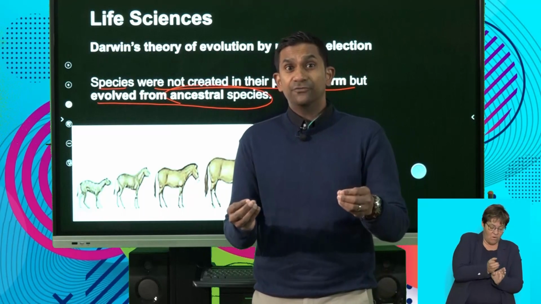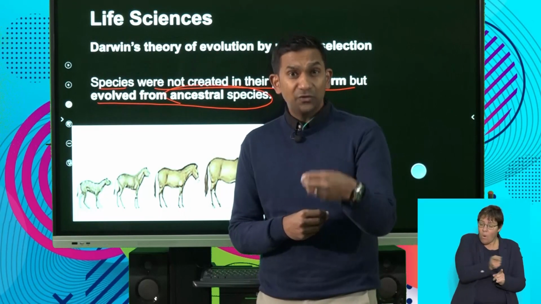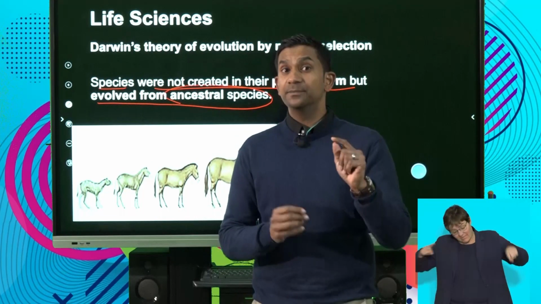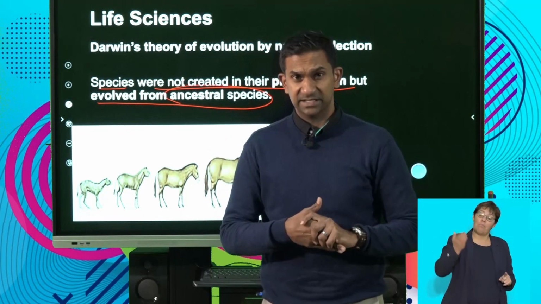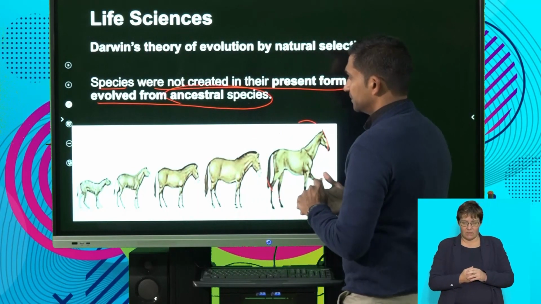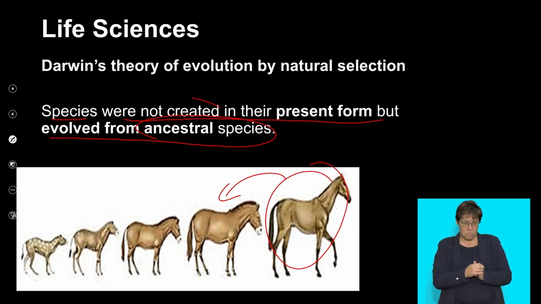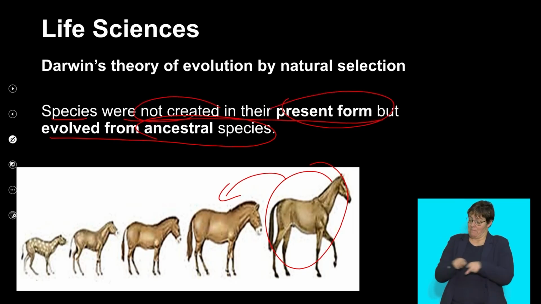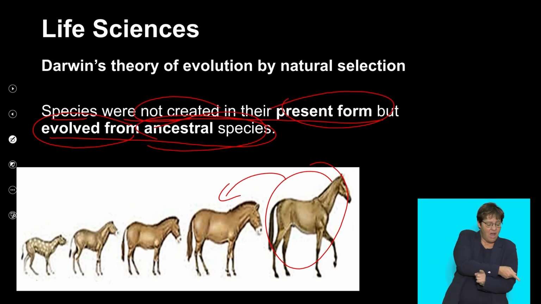Essentially, all life forms have in some way or the other descended from something that previously existed. Let me repeat the statement again: species were not created in their present forms, but have evolved from ancestral species.